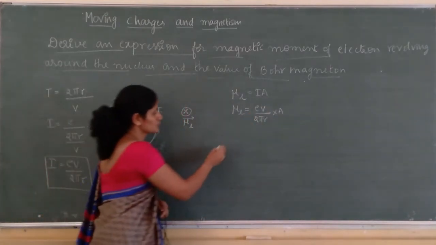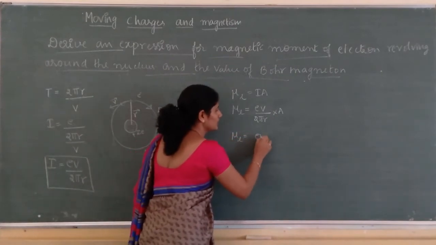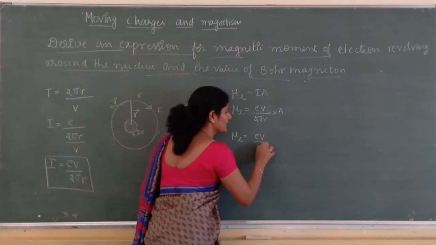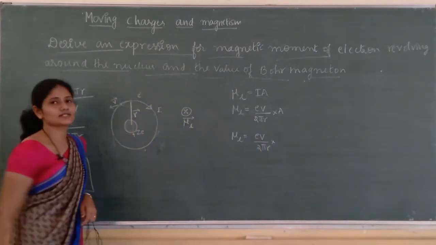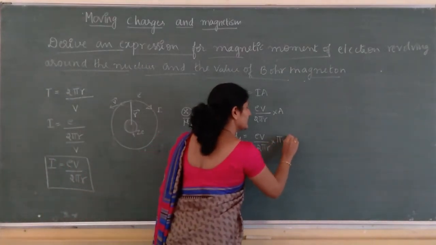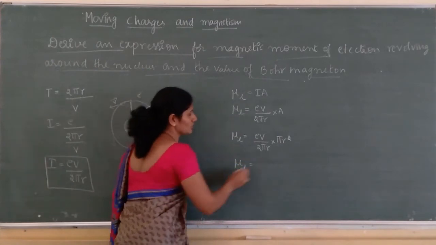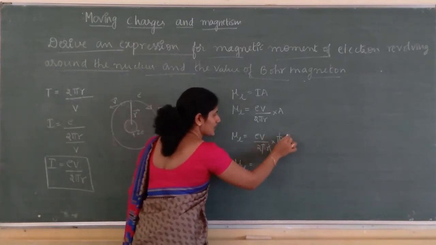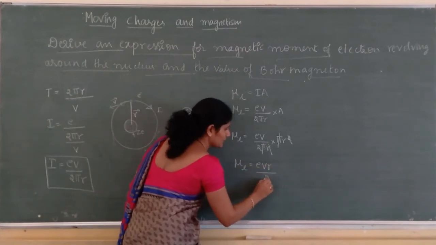The area of the circle is pi r square, so A is equal to pi r square. So, the magnetic moment of the electron mu L is equal to, pi cancels, r cancels, we get EVr divided by 2.